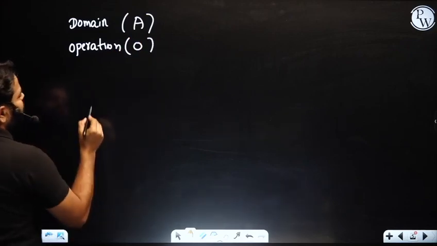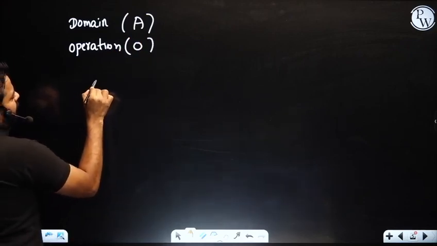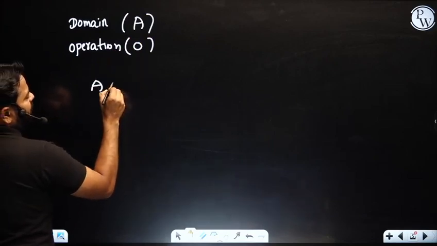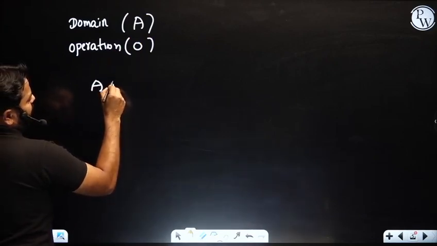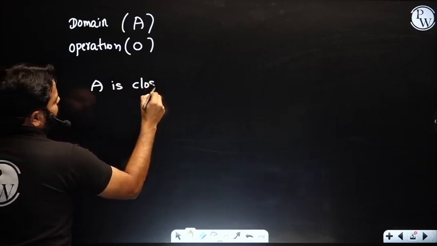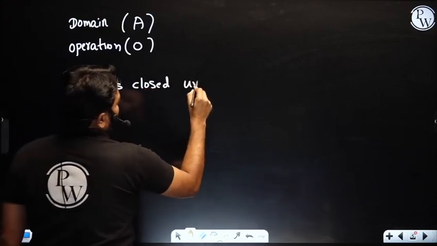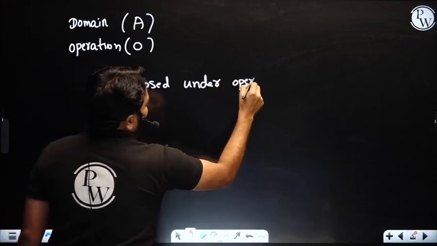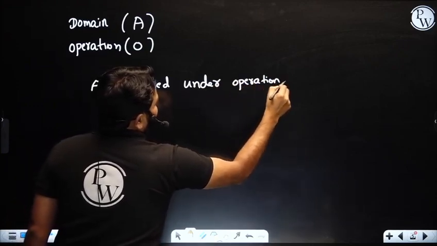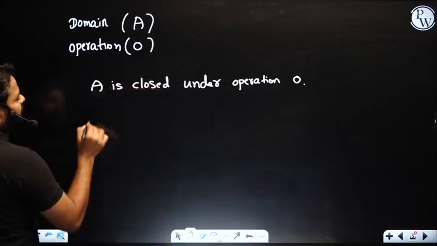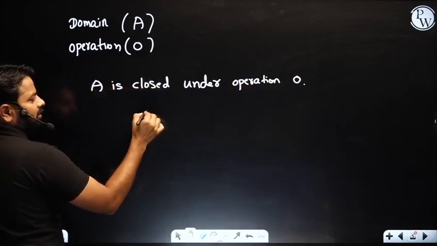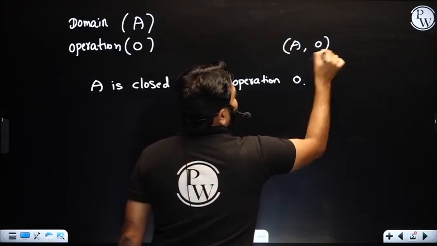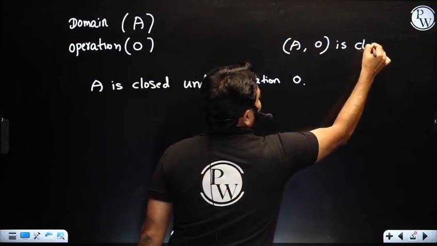If anybody says A is closed under the operation called circle, it means simply that A comma circle is closed. We can also write it this way.